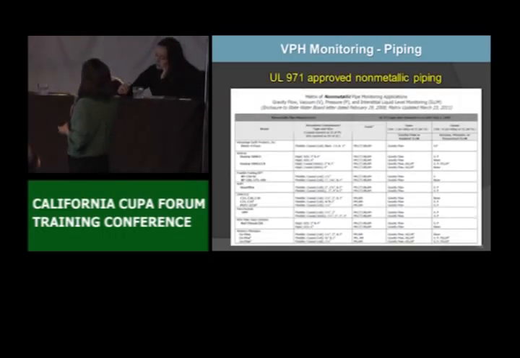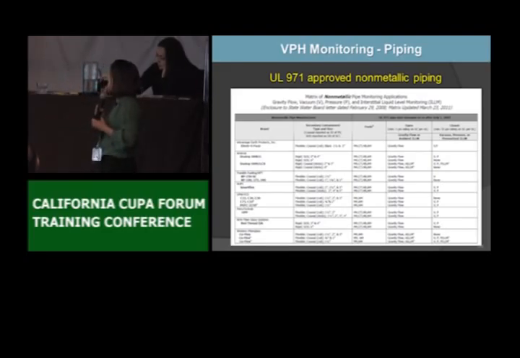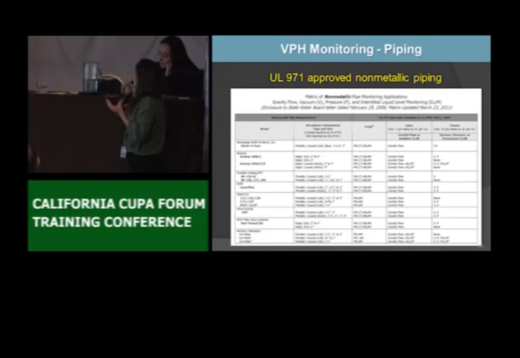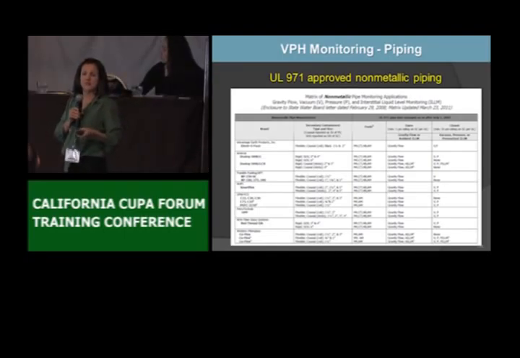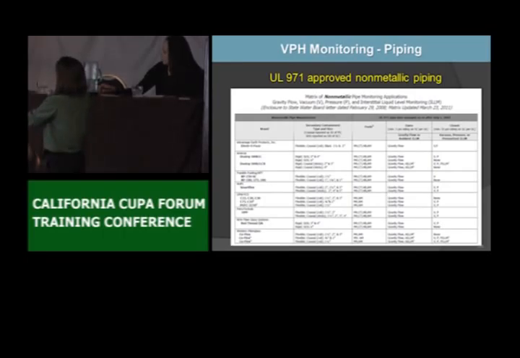This is a non-metallic piping matrix, and it was put together by the state. It's a matrix of all the different non-metallic piping types and the type of monitoring applications that they've been approved for. This is not part of your handouts, but it can also be found on the state website. This is an example of the list of the various brands. Keep in mind this is just non-metallic options.